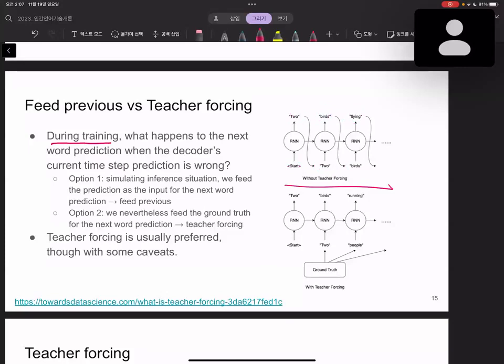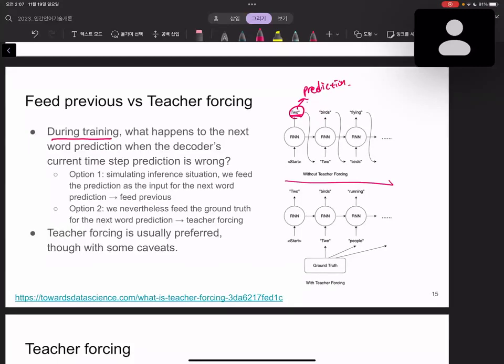But we do not know that this is the same as the ground truth, okay? This is just a prediction, and the prediction is not necessarily true. So if the prediction is false, then the error will propagate to the next time step.